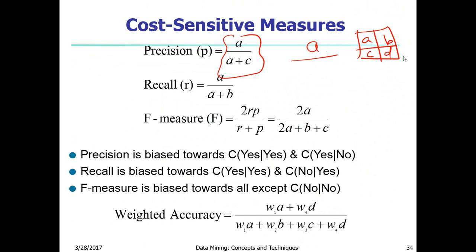So this is your confusion matrix, and you can calculate precision as A by A plus C. You can calculate recall as A by A plus B. So these are two metrics that you can use other than what we have discussed. There is also the F measure, which is given by 2A by 2A plus B plus C.